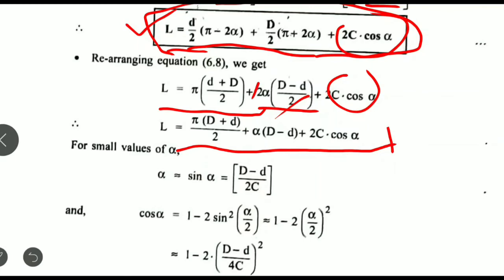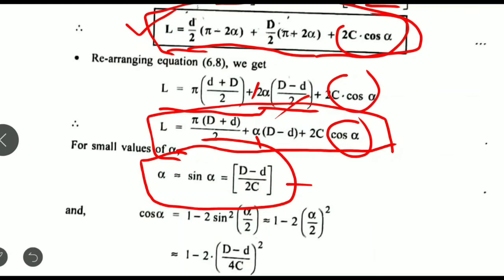So this will be the term. Again for this term I must know the cos alpha value and the alpha value. So alpha we have already decided: sine of alpha is equal to D minus d divided by 2c. Now I want cos alpha, which means 1 minus 2 sine square alpha by 2, correct?